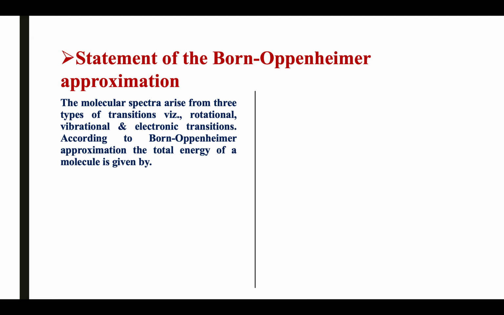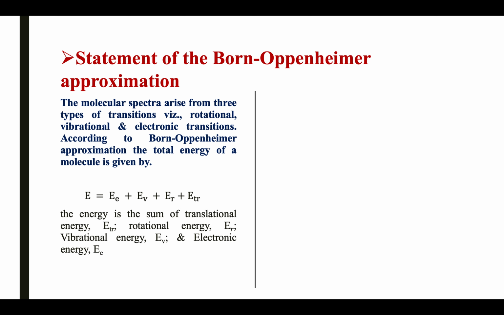According to the Born-Oppenheimer approximation, the total energy of the molecule is given by this equation: E equals the summation of translational energy, rotational energy ER, vibrational energy EV and electronic energy EE.